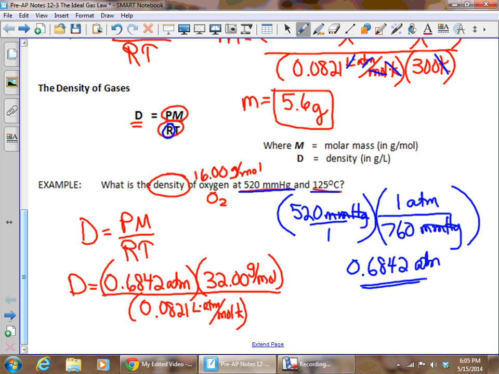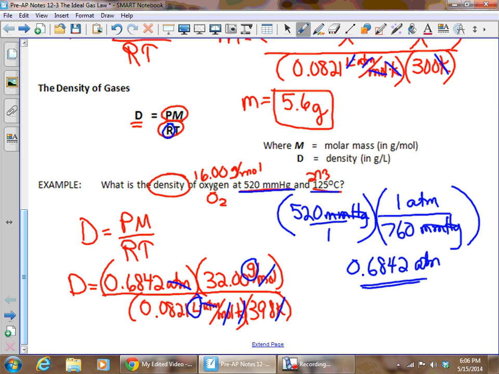And then the temperature, since the temperature is 125 degrees, if I add 273 to that, I'm going to get 398 kelvins. Canceling, looks like we've got kelvins canceling, atmospheres canceling, moles canceling, and we're left with grams per liter, which is a valid density unit for gases.